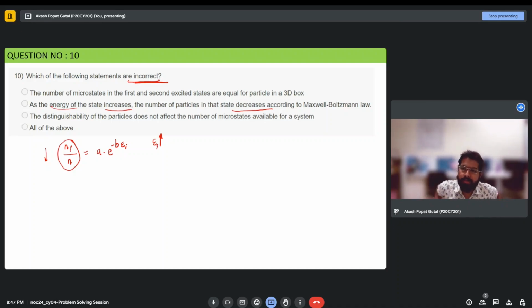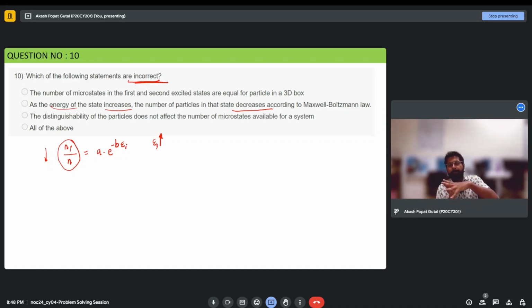The third statement is that the distinguishability of the particles does not affect the number of microstates available for a system. This is not a proper statement, because once the particles are distinguishable, even when they are in two different states, the exchange of the two particles matters. Suppose there are two levels and two particles, and the particles are distinguishable.